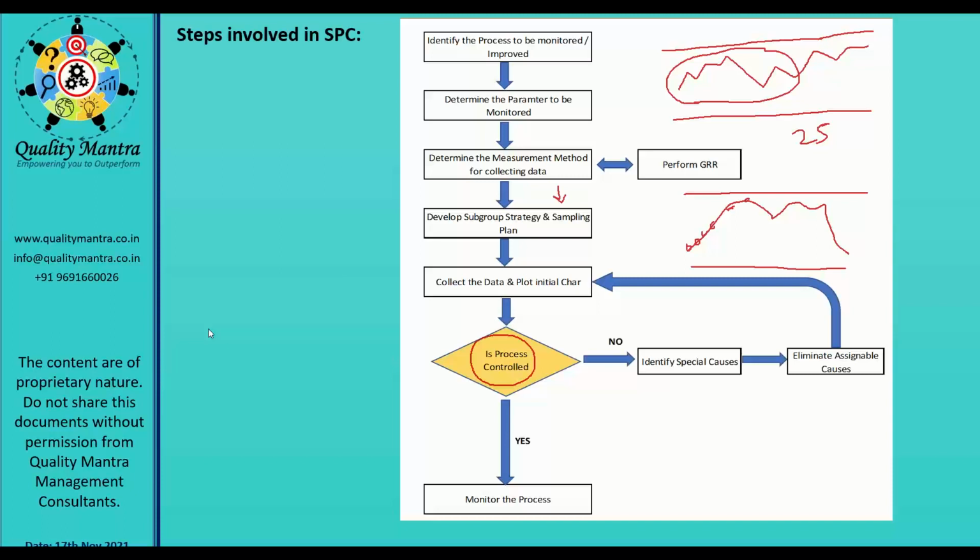We have seen on the very first day, and on the second day also I have repeated that. That is very important. How many types of special cause patterns are there? Eight, yes. So you will try to find out whether there is any special cause present here or not.